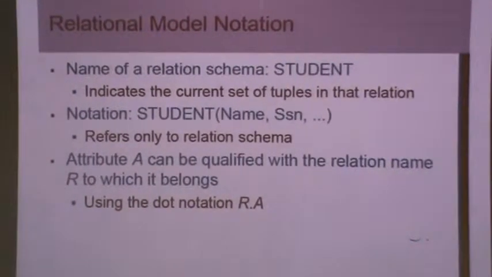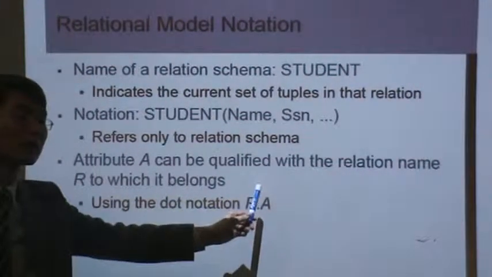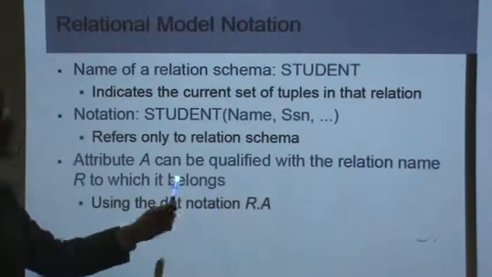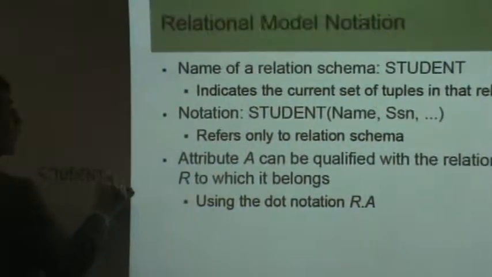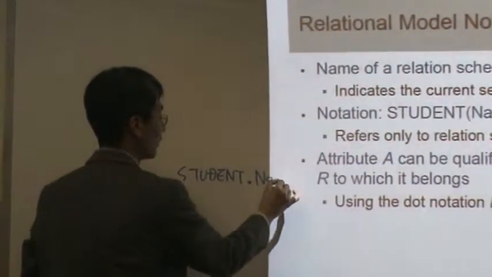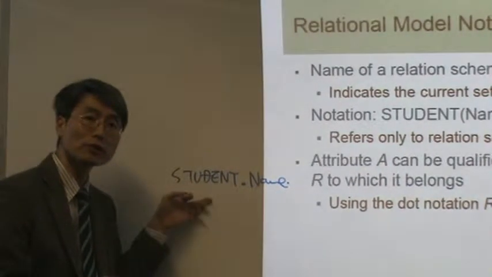Also, sometimes we can use the dot to represent the attribute of a table. For example, student dot name means it's the name attribute of the student table.